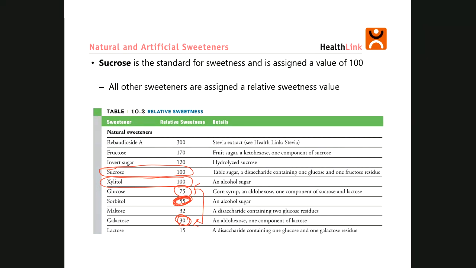That's actually the reduced product of glucose, significantly less sweet as well. And if you go down the list, there's different things. So this is why milk is not super sweet, because lactose is only 15 compared to 100.